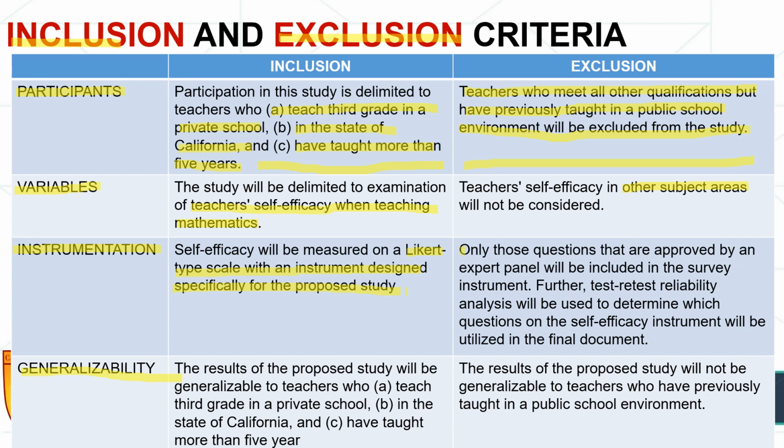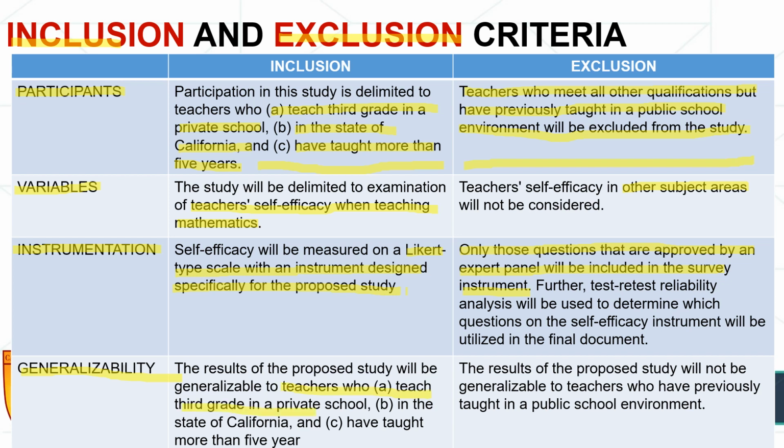Exclusion, only those questions that are approved by an expert panel will be included in the survey instrument. And further, retest reliability analysis will be used to determine which questions on the self-efficacy instrument will be utilized in the final document.